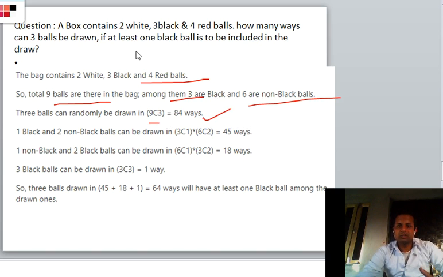But there is a condition, and the condition is that at least one black ball is to be included. It means at least one black should be there. So there will be 3 cases.